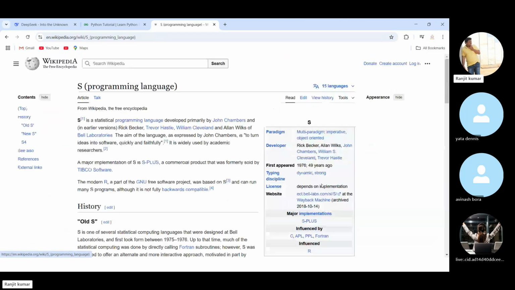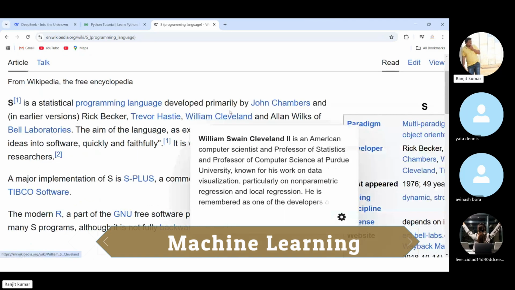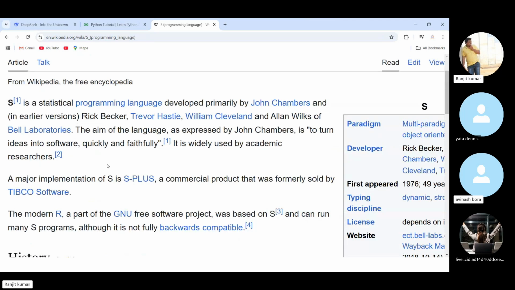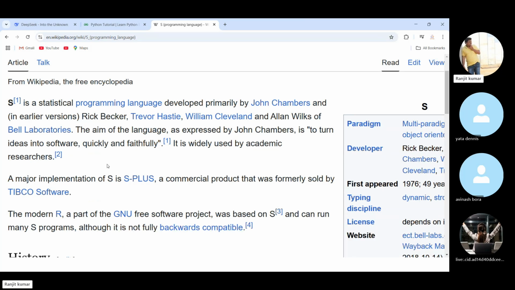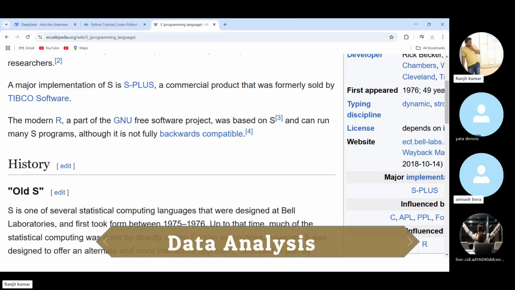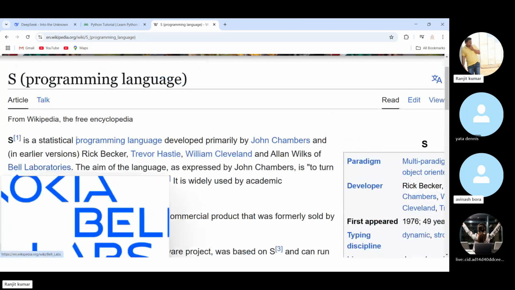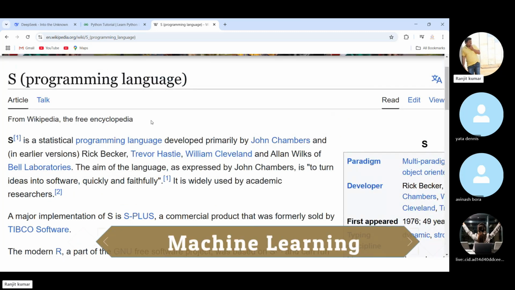See, there is the S programming language, a statistical programming language developed earlier by John. What is statistics? A lot of things are involved: mean, mode, median, distributions, and correlation coefficients. I think statistics students can understand these words. Statistics is implemented in the S programming language. If you want to implement any data analysis programming, you have to learn the S programming language.